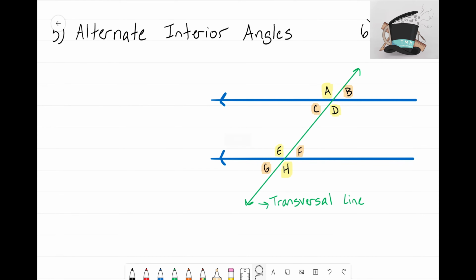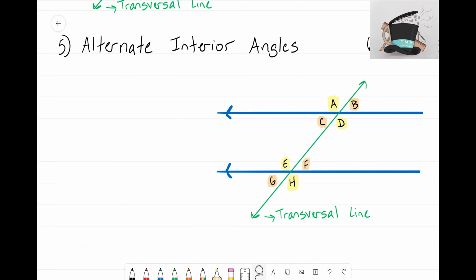Let's focus on the alternate interior angles. They are angles that are going to switch sides of that transversal line, and they're going to end up being equal.